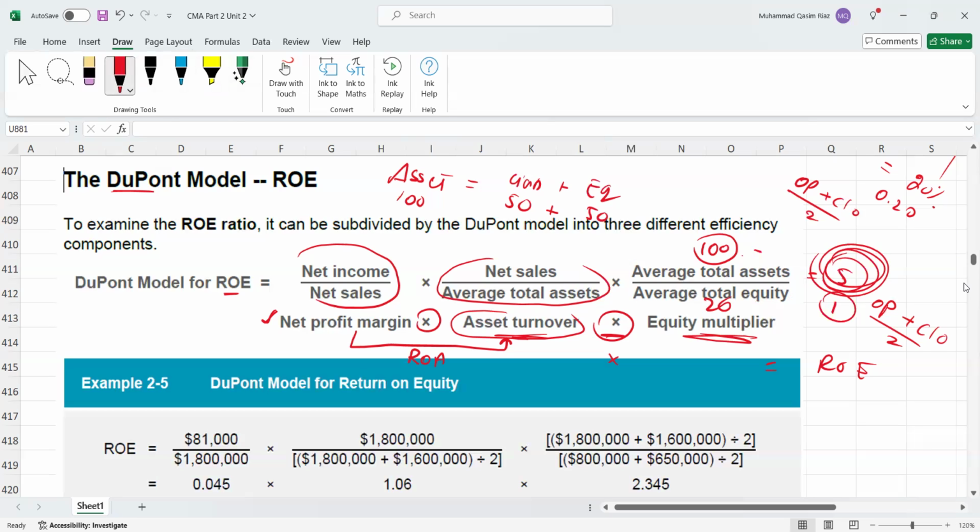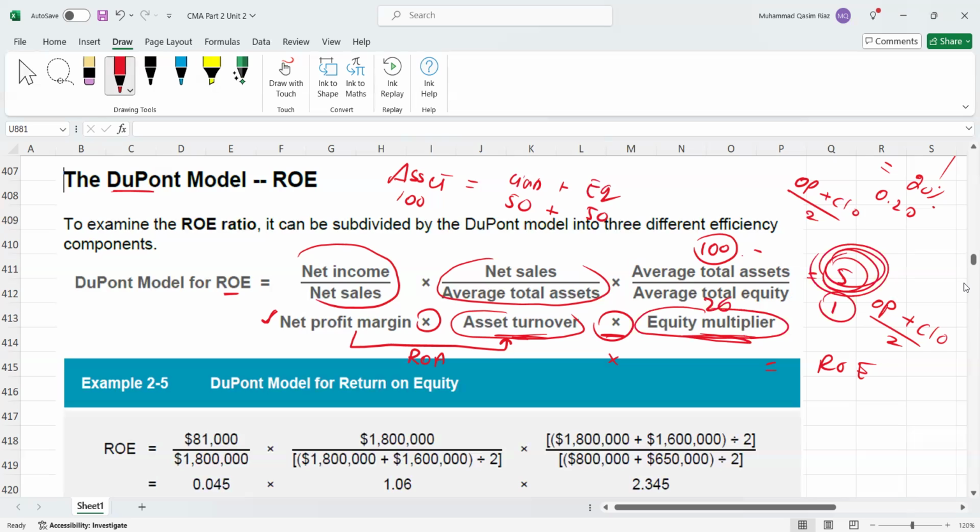So please remember, whenever the answer for equity multiplier is higher, don't think it's a positive sign. If the answer is higher, you are using a bigger proportion of debt to finance your assets. If the answer is lower, you are using a smaller proportion of debt to finance your assets.